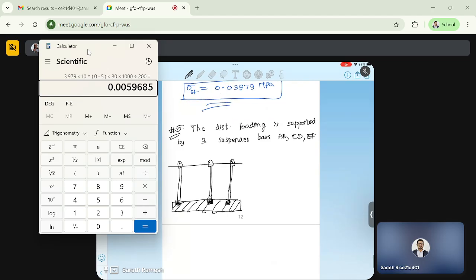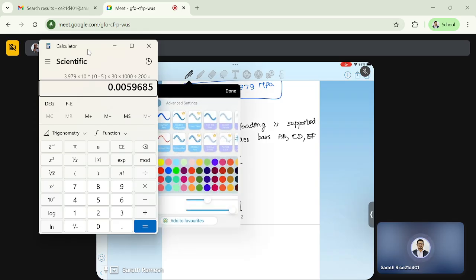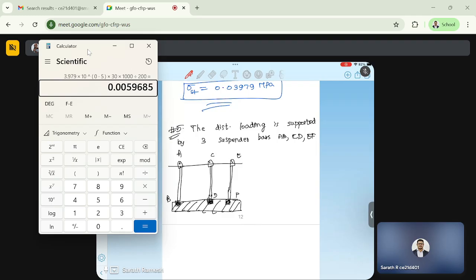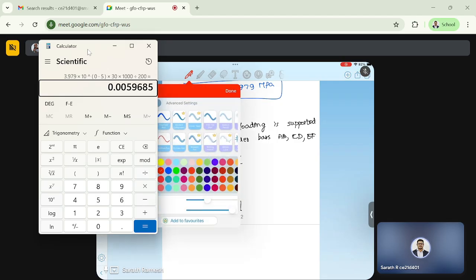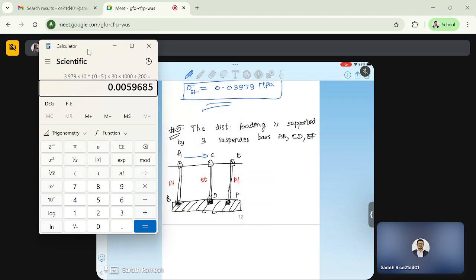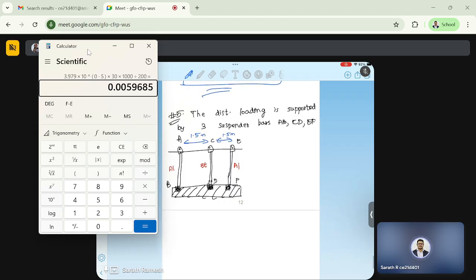Say this is AB, this is CD, this is EF. The middle one is made of steel. The outside ones are made of aluminum. And the distance between them is 1.5 meters each.